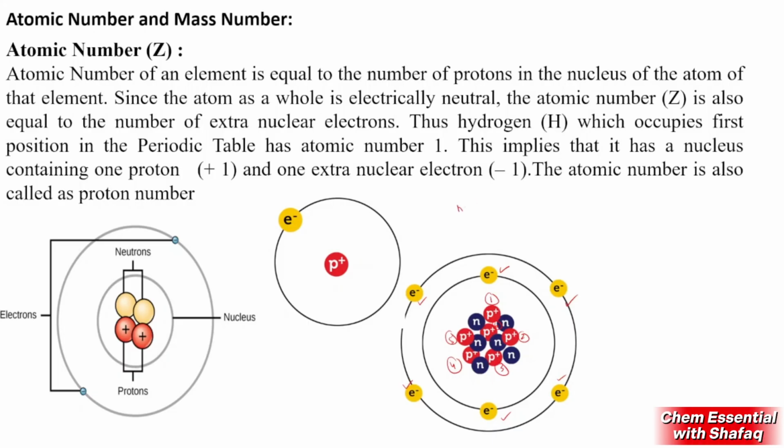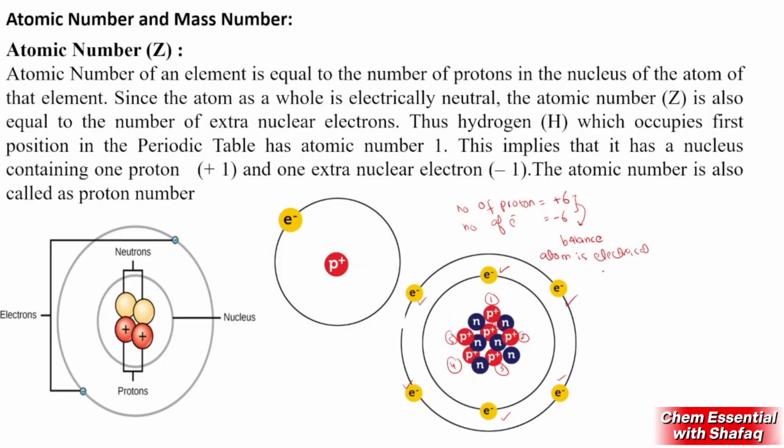So the number of protons is 6, carrying a charge of +6. The number of electrons is also 6, carrying a charge of -6. These two balance each other, which means the atom is electrically neutral. This is the neutrality of the atom.